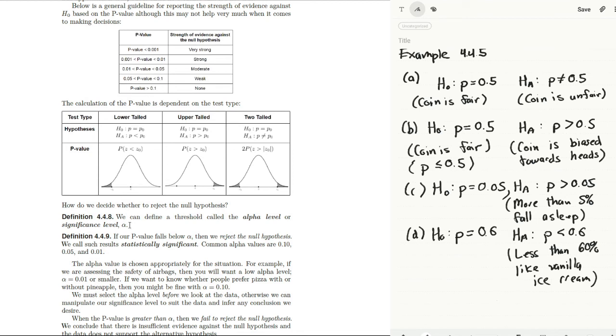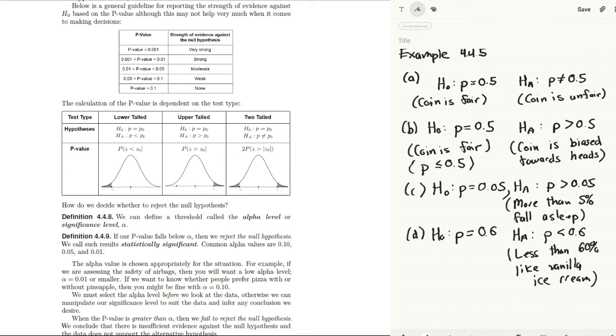And if the p-value is equal or below this threshold alpha, then we will reject the null hypothesis. And we call these results statistically significant. Now, this doesn't mean that there is practical significance. It just means that the p-value we have obtained is smaller than the specified alpha level. And some common alpha levels are 0.1, 0.05, and 0.01.